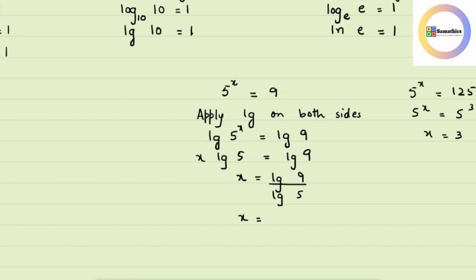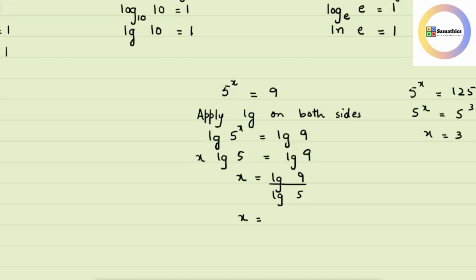And this you have to work out using the calculator. Now, when you enter it in the calculator, you have to use the key where log is written, and you write lg, and you can write it in fraction form if you have a calculator with fractions. So lg 9 upon lg 5, don't forget to close the bracket.